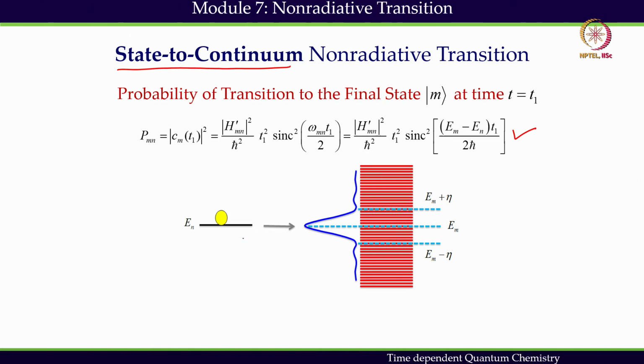As you can see, this state can transfer population to a number of states, if they are available, but within the energy bandwidth. This is the definition of the bandwidth we have given. This bandwidth is ΔE, within this bandwidth, plus ΔE and minus ΔE, that is given by this plus minus η.